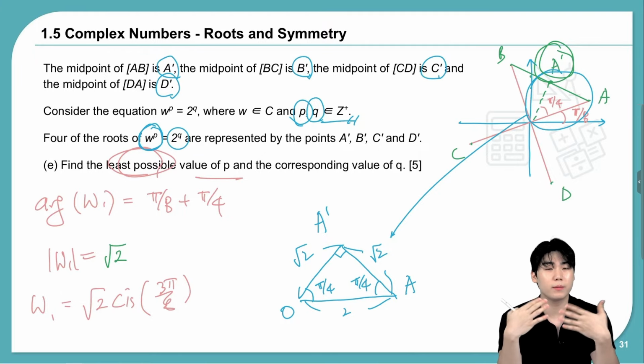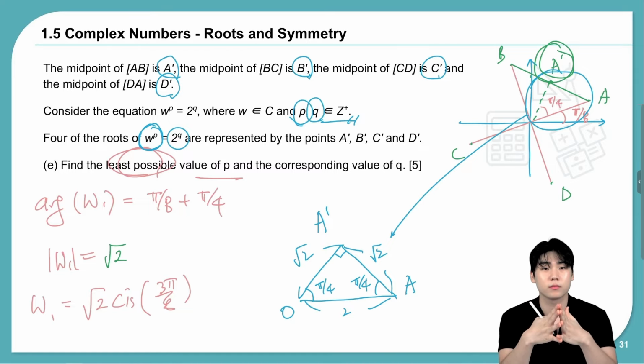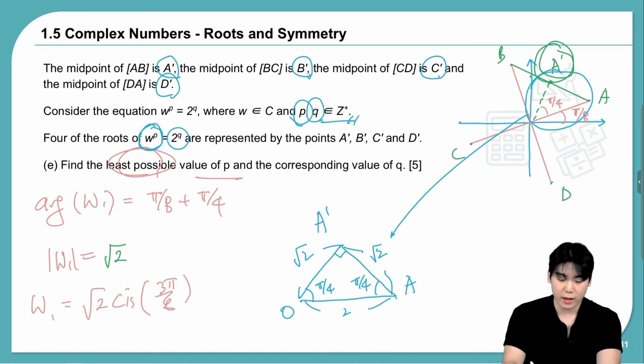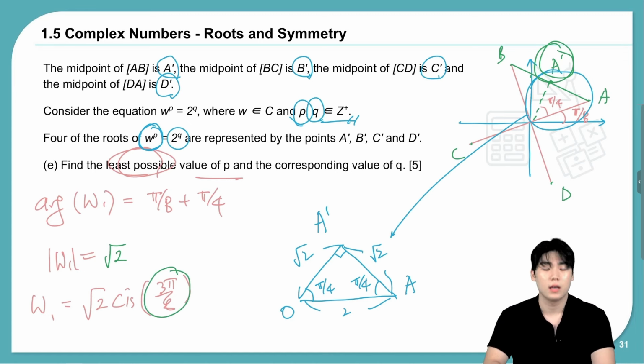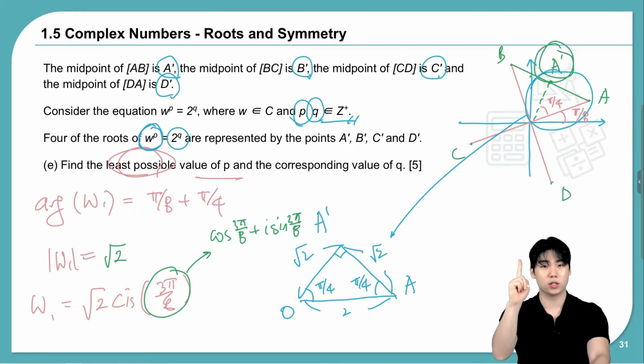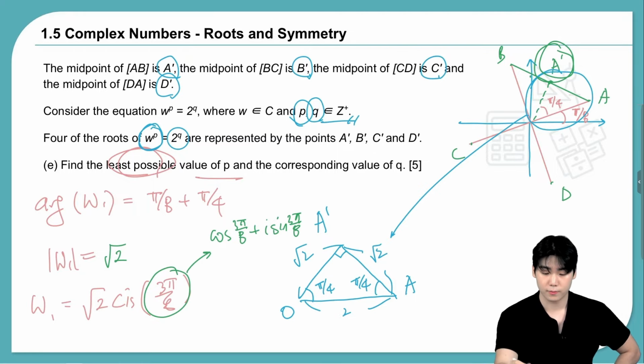In order for it to be positive integers, what do we have to do? We have to raise it to a power. We're going to apply de Moivre's theorem anyway, but the thing is, we have to get rid of this, don't we? This essentially is cosine 3 pi over 8 plus i sine 3 pi over 8. Our first task is to get rid of the imaginary part. With that, it will never be represented as 2 to the power of something.